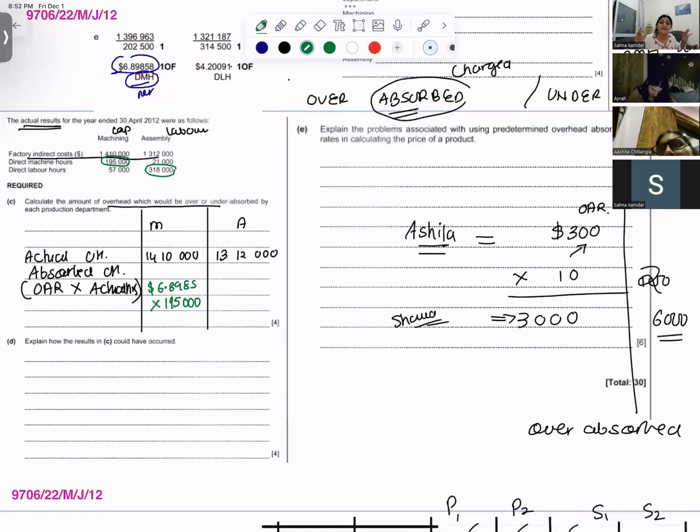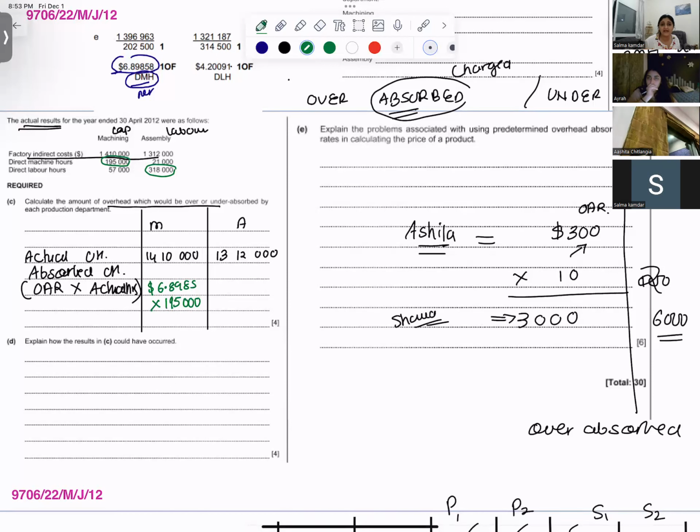The actual overheads, our actual expenditure, I know they will give me a direct figure. But I have already predetermined and calculated that per hour I will charge you 300. The 300 was my estimated hourly rate. I estimated that I would spend approximately 300 per hour on you.